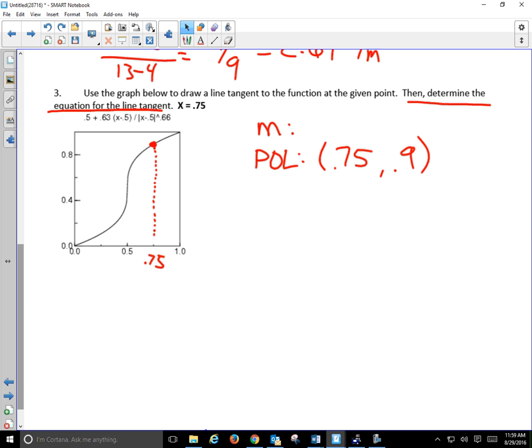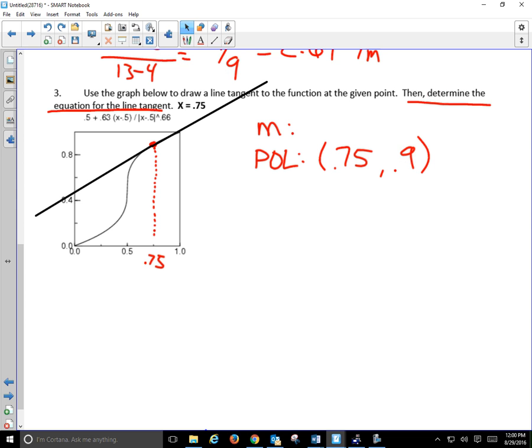Okay, so I'm going to draw that tangent line. You're okay with that? Okay, so I got a nice tangent line.